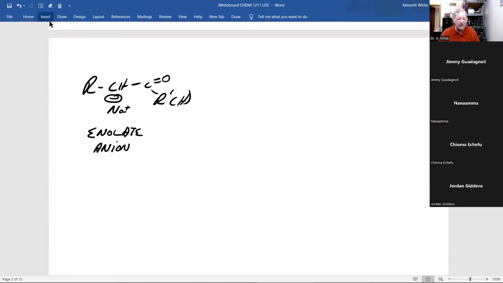And the reason you can do this is the following. If I move the electrons here and here, I'm only moving electrons, this is truly a resonance form.